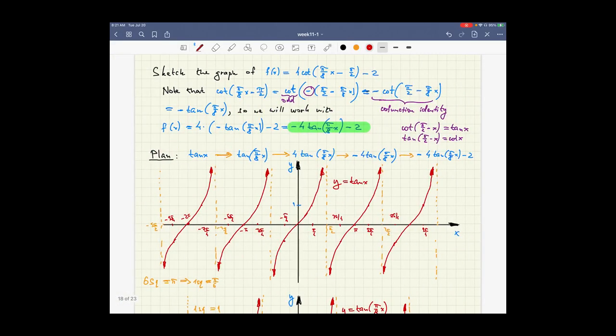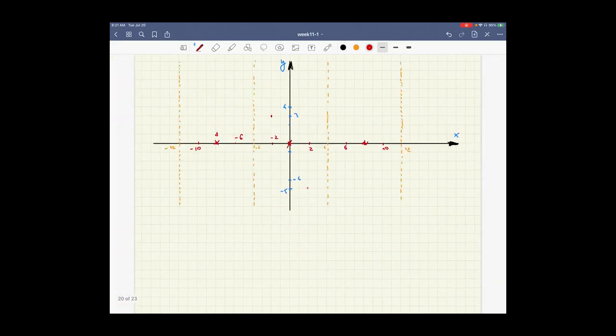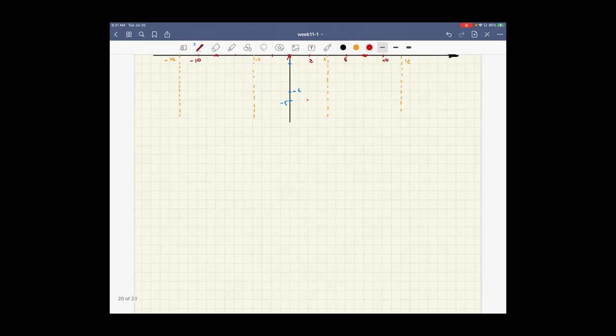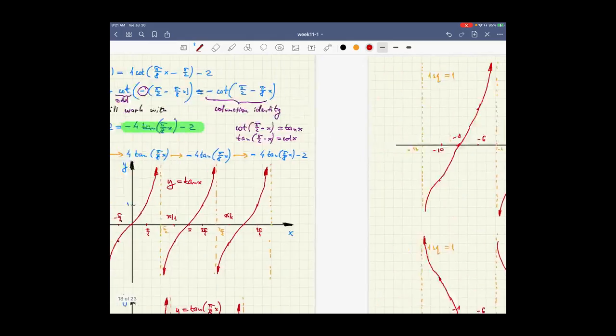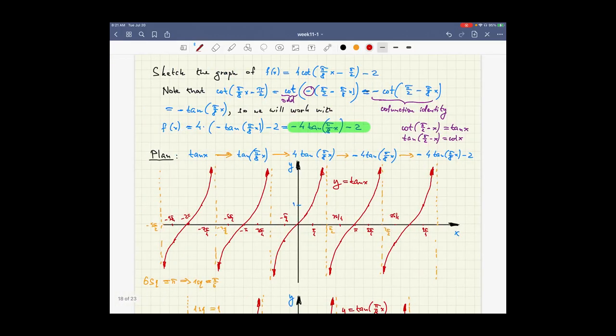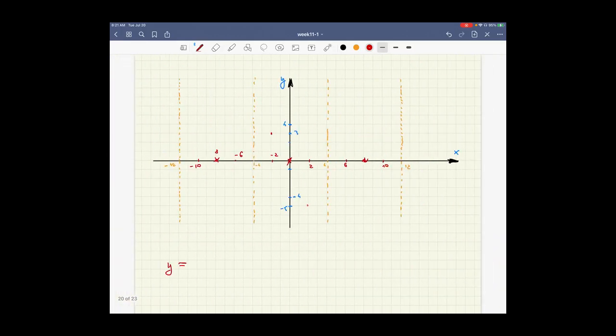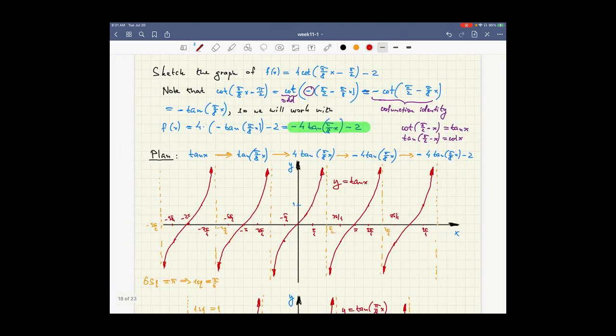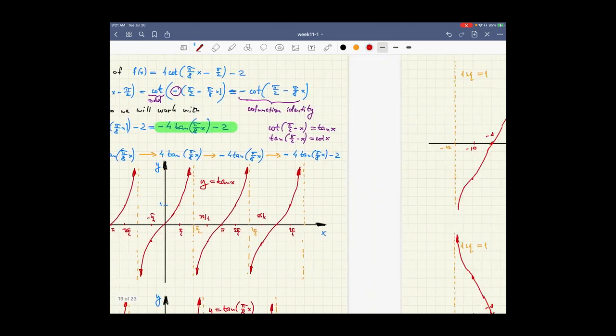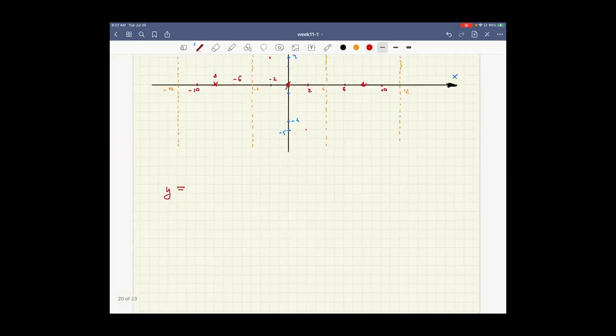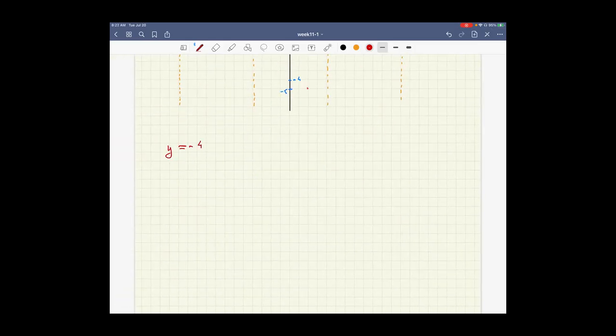Let's just check this. So we want this to be the graph of, what was it? -4 tangent pi over 8x -2.